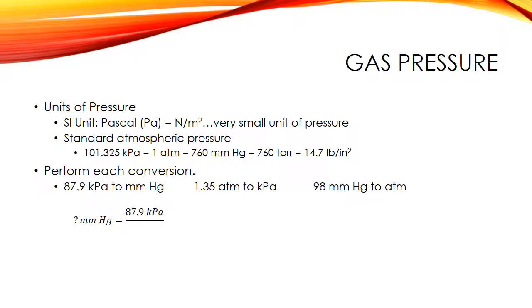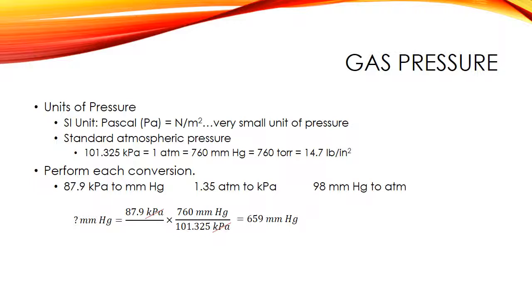We can see very clearly that 760 millimeters of mercury is the same as 101.325 kilopascals, so that's my conversion factor. Note my units go where they will cancel: kilopascals in the denominator of my fraction cancel with the kilopascals we're starting with, and we're left with millimeters of mercury, which should give you 659 millimeters of mercury. So go ahead and pause the video, try those next 2, and then play it, make sure that you got them right.